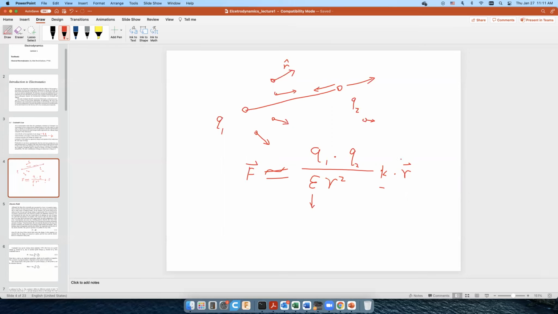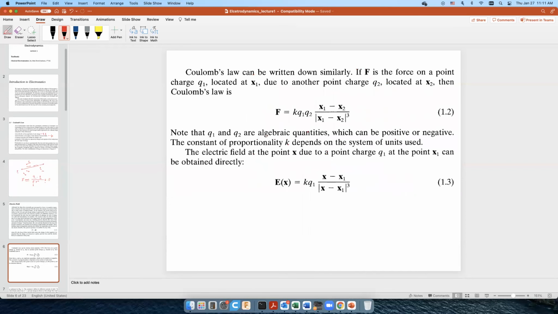So r hat is just a unit vector, which describes the direction. In this form, the electrostatic force can still be described in this format. K is a constant, Q1 and Q2 are scalars, the charge 1 and charge 2.